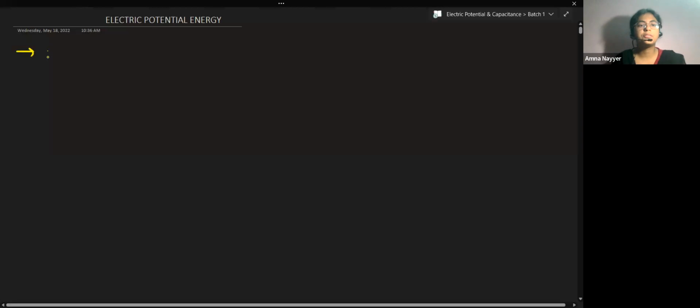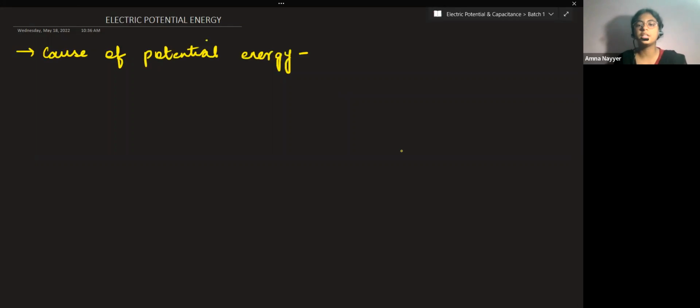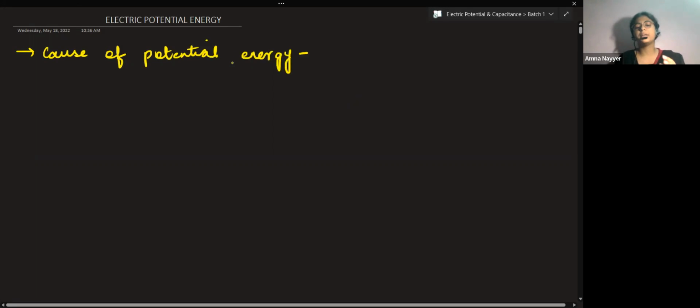Firstly, the cause of potential energy, you should remember. This is basically the electrostatic interaction. Whatever electrostatic interaction occurs, that is the cause of it.